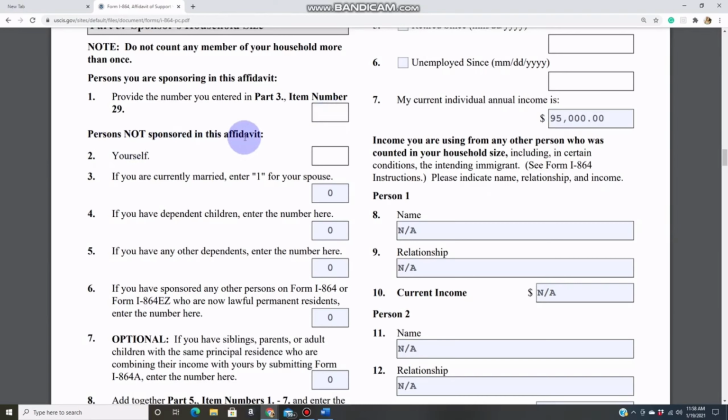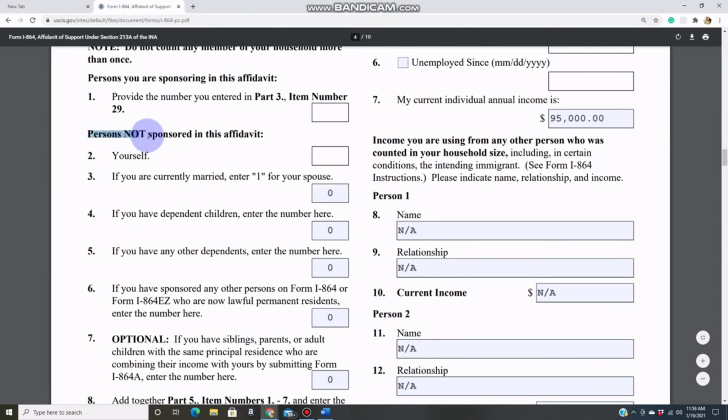Persons not sponsored in this affidavit. In this part, I will write down 1 in number 2, because my husband is not sponsoring himself in this part. And item number 3, if you are currently married, enter 1 for your spouse. In this part, I'll write down 0. This is a very confusing part because it says persons not sponsored in this affidavit.